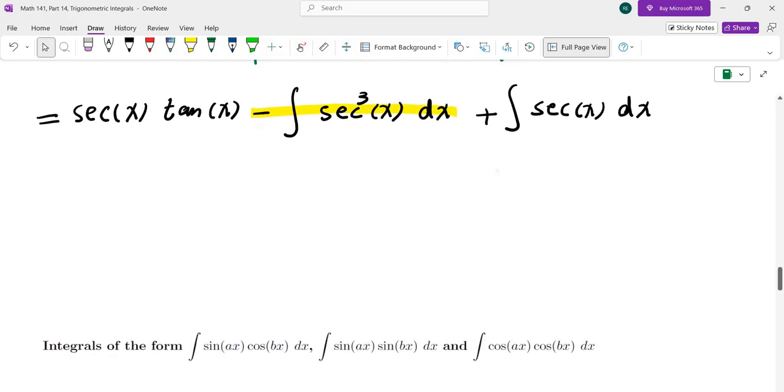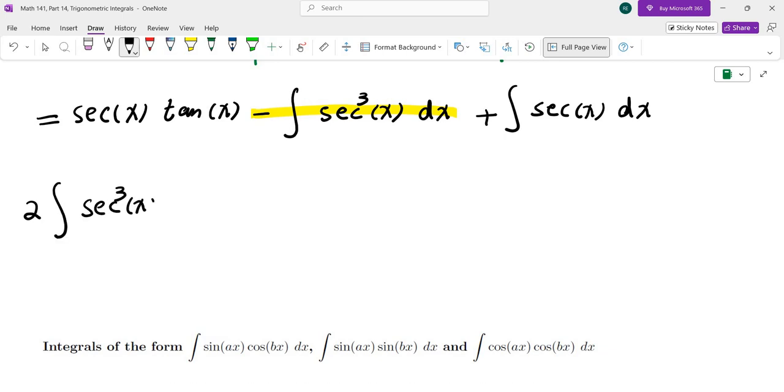So the strategy was to move those two things to the same side, so we get twice the integral of secant cubed dx equals secant of x tan of x plus, and then we know this integral. So I'll write it down in the next step.